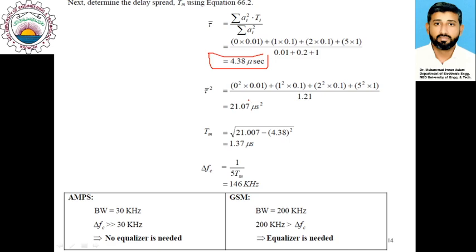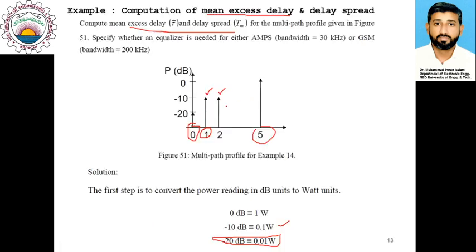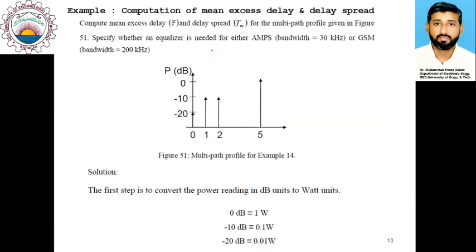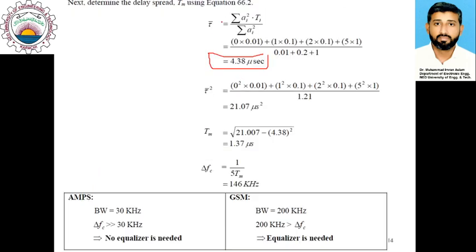The second thing that we need to calculate is the mean square power, which is the mean value of the square of the delays. So it's calculated in the same way, but in this case we have to multiply with the square of the delays. All the rest of the stuff is the same, but we multiply with 0 square, 1 square, 2 square and 5 square.